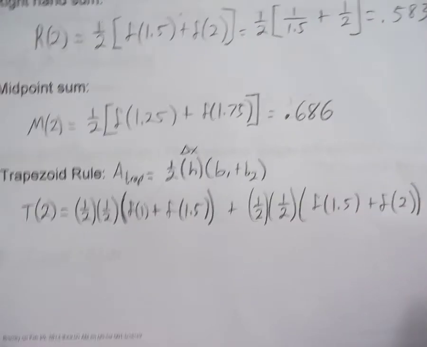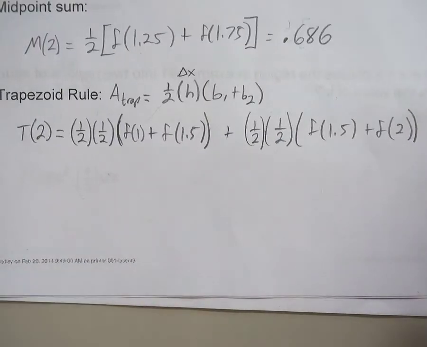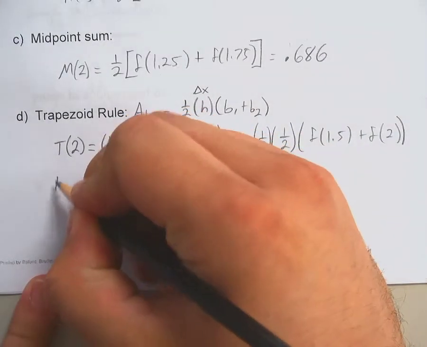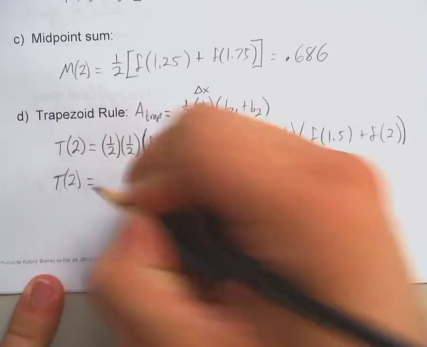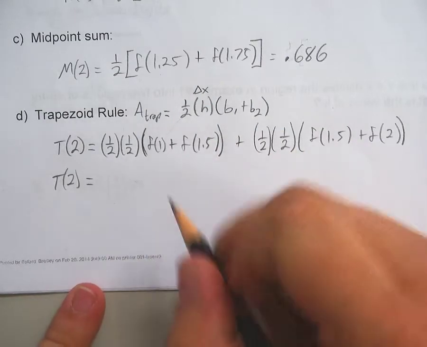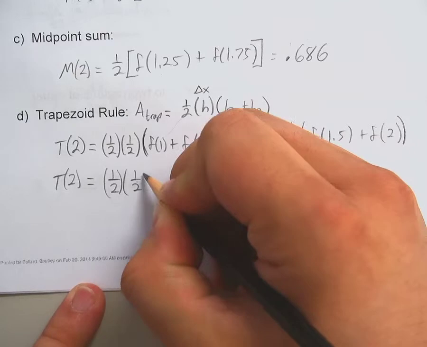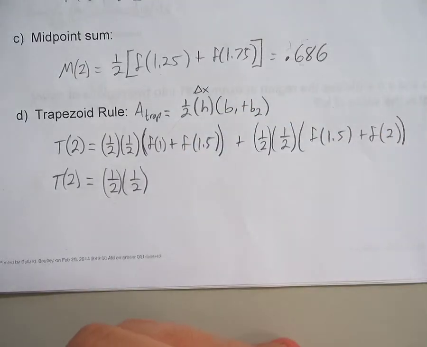So let's simplify this down just a little bit, because this has the potential of getting a little complicated. They both have a 1/2 I can take out. So let's factor out that 1/2, both 1/2s out of both of them.